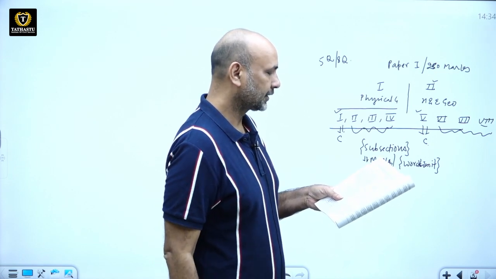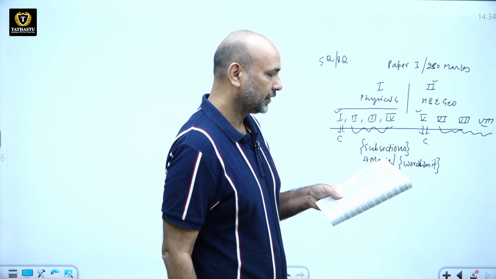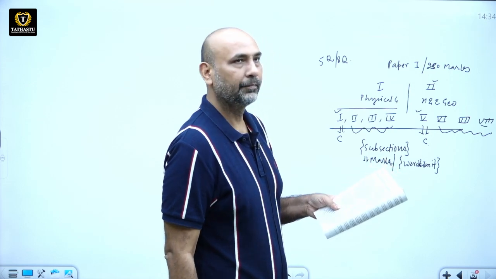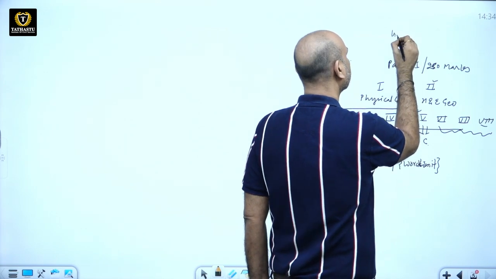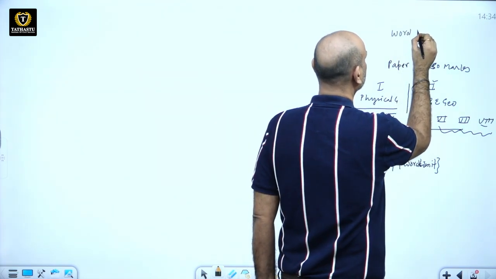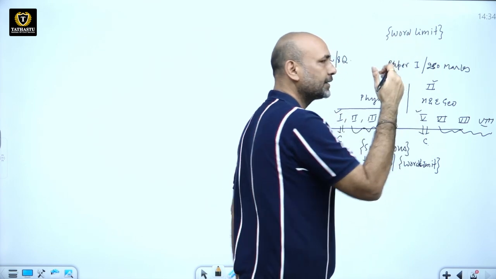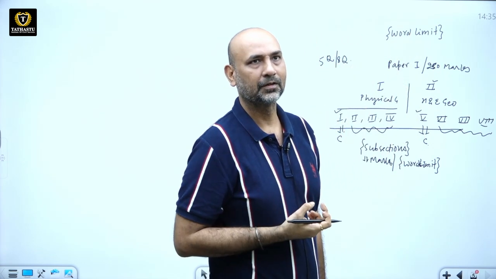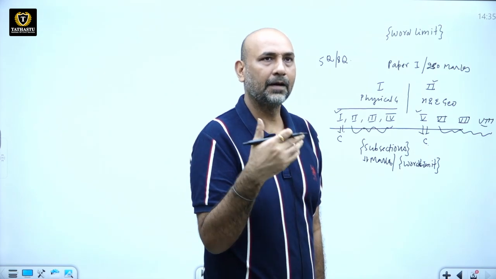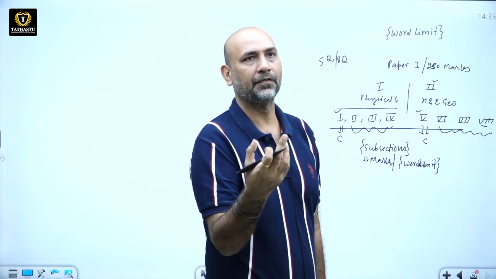Next instruction: word limit in questions, wherever specified, should be adhered to, which means our answer should not cross the word limit. 10% on this side or that side could be excused, but the length of the answer must not exceed more than 10% of the specified limit.